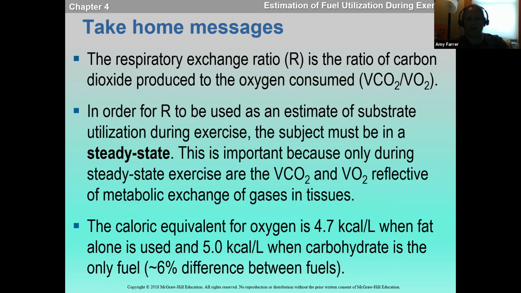And again, it's just a way for us to estimate what we are metabolizing. What is our goal? If your goal is fat burning and weight loss, we need to make sure that we're in the range of intensity that allows for that.